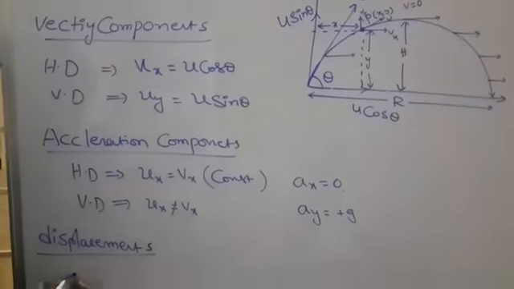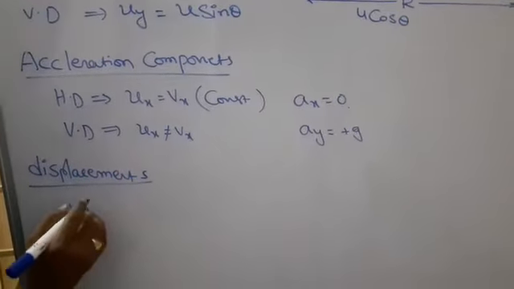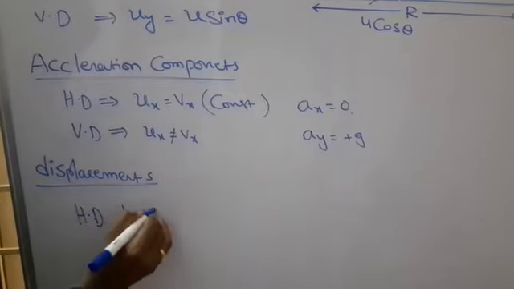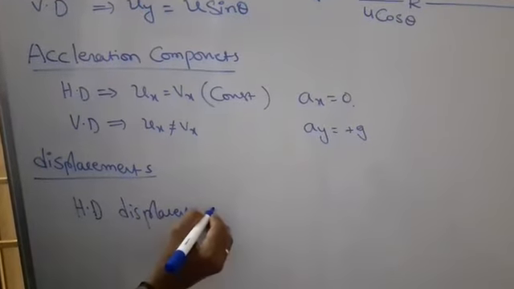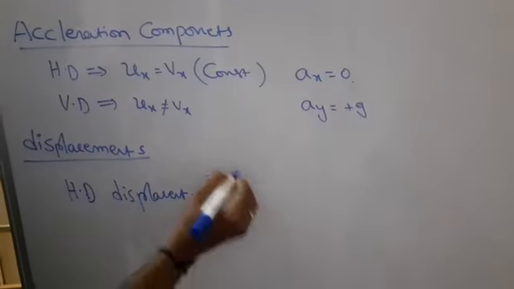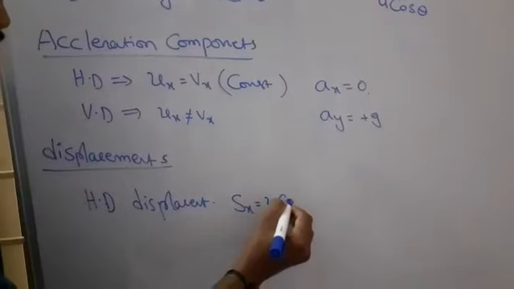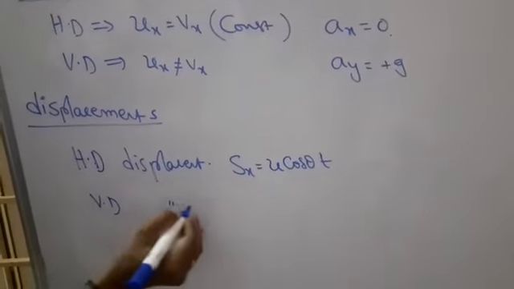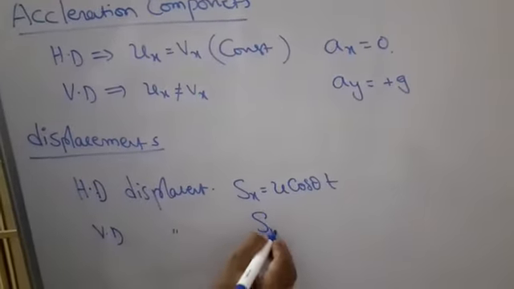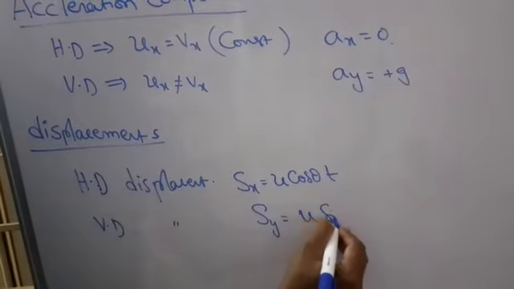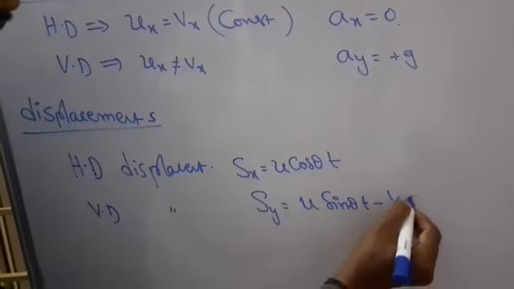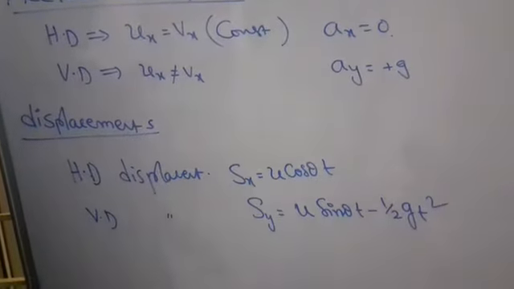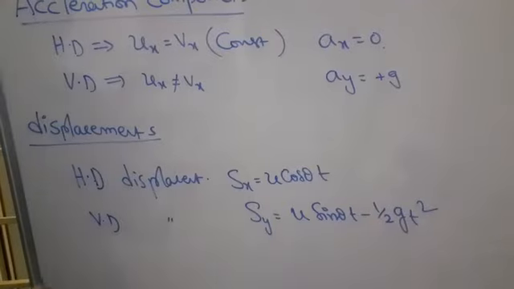The horizontal displacement is x equal to the horizontal velocity u cos theta times the time taken t. In the vertical direction the displacement is y equal to u sin theta times t minus half g t square. These are the displacement components along the x direction and the y direction.